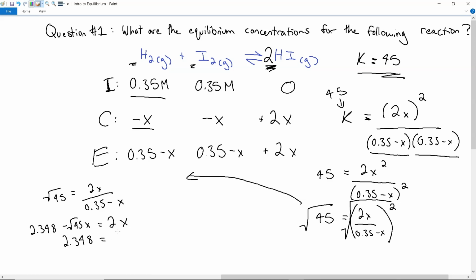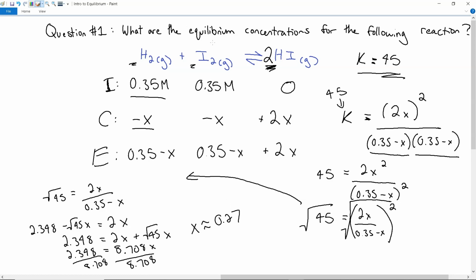We're going to move our x components all onto one side. And finally, we can solve for x. And our value is approximately 0.27.